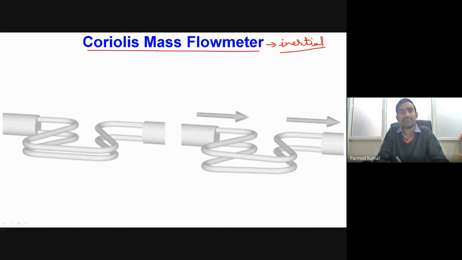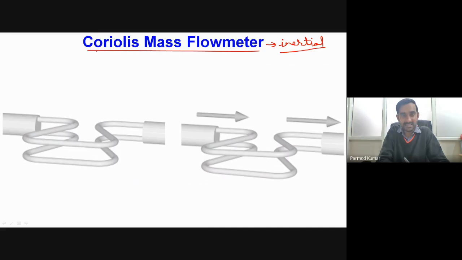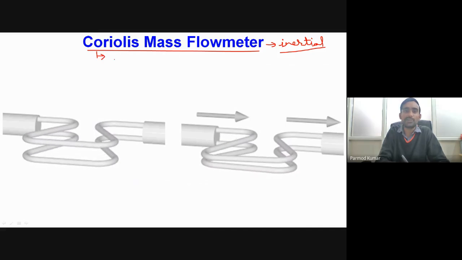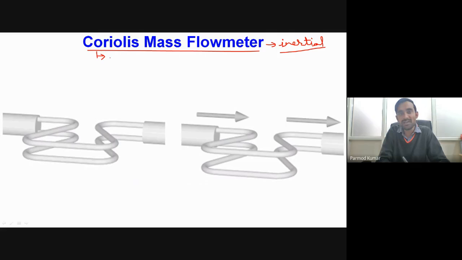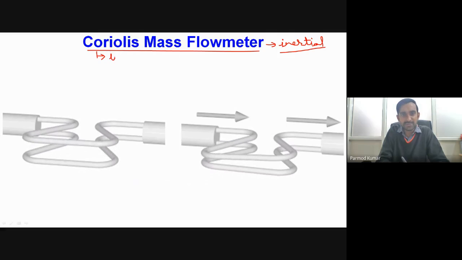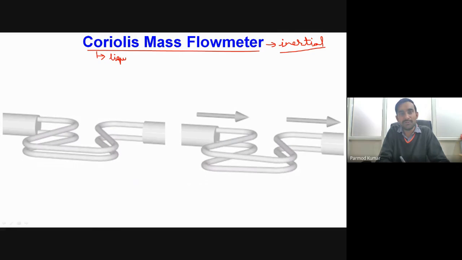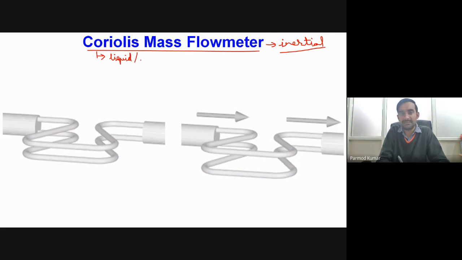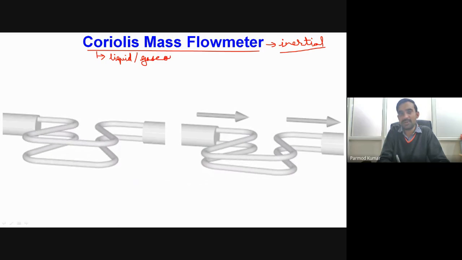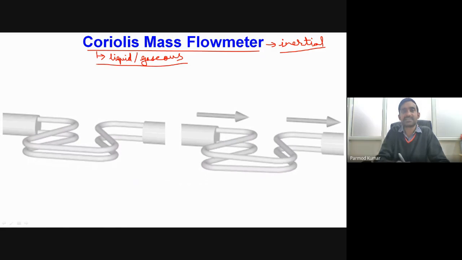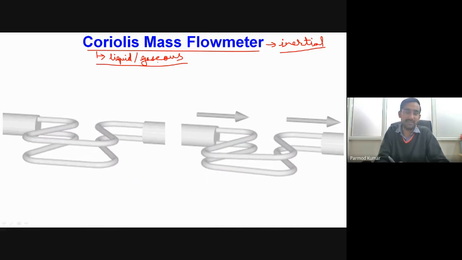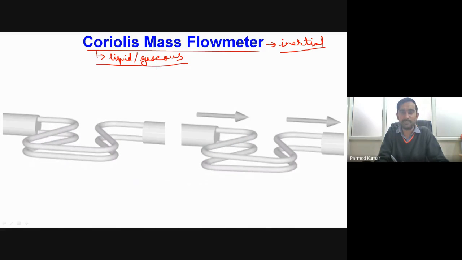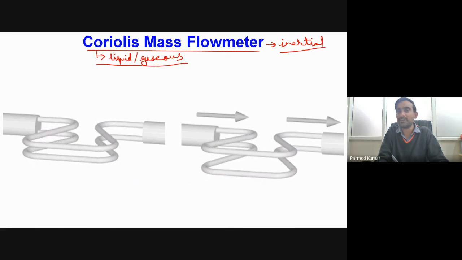Another advantage of this type of flow meter is that we can employ it for measurement of mass flow rate of both liquid as well as gaseous medium. So we are not having any restriction from the medium point of view. Whether our medium is gas or liquid, we can employ this type of measurement technique for both.